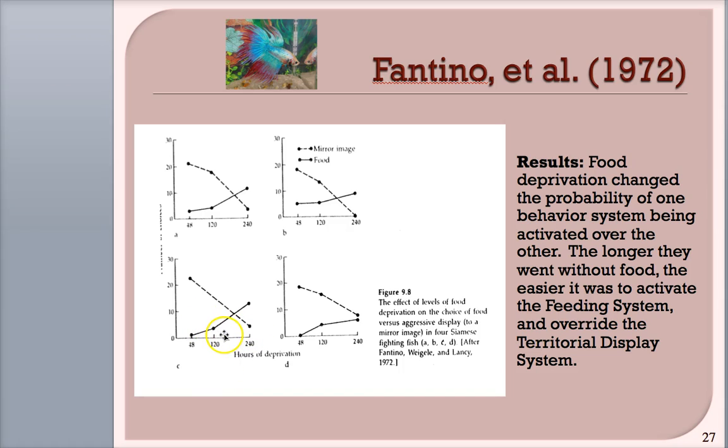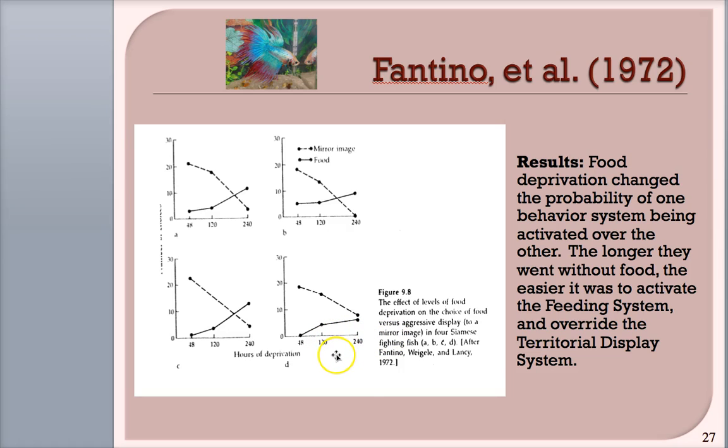They have to get out to 240 hours in order for the behavior to reverse, to show that they have a preference for food over displaying in the mirror. And 3 out of the 4 fish show that pattern. Presumably, if we carried this out another 24 or 48 hours, fish number 4 would probably show the same pattern.